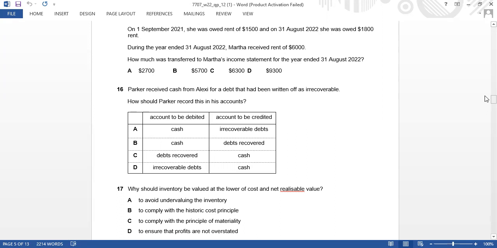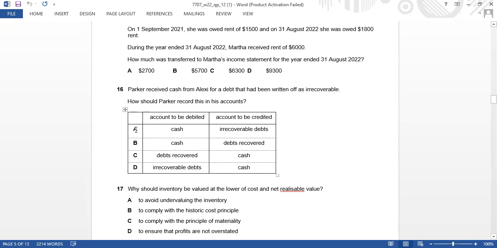Trade receivable is written in the right column, so we'll only adjust the bad debt. The bad debt was previously debited. Now it will be credited, and the cash that is received will be debited.